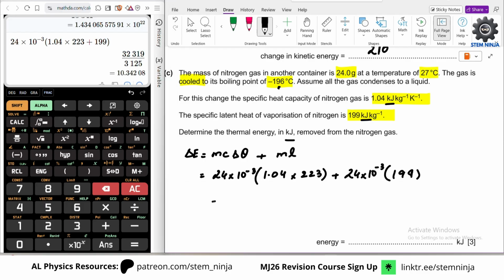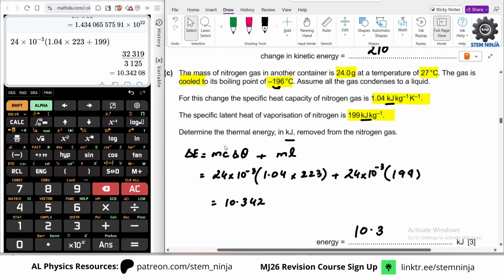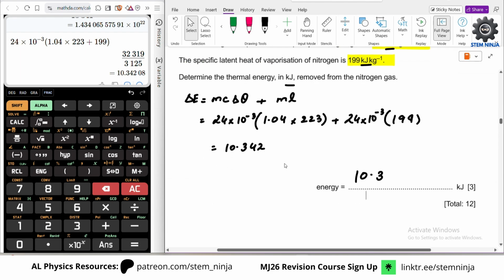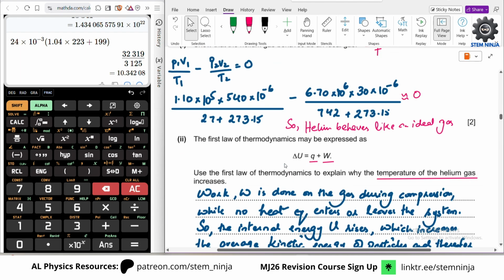You get 10.342, so to 3 significant figures, 10.3 kilojoules. And that's it for question number 2.